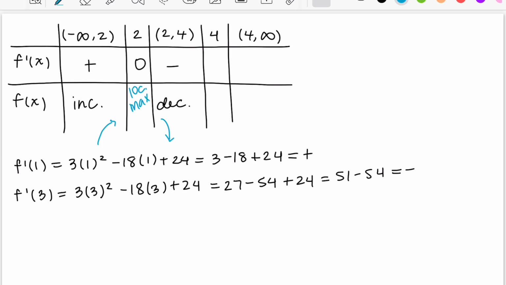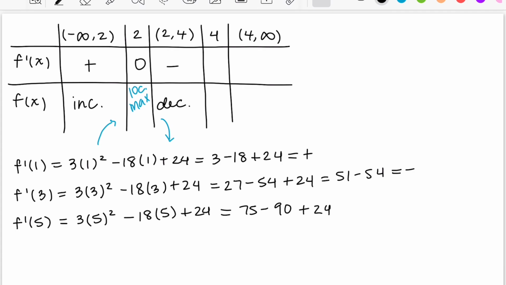All right, now let's look at a number in this interval. So we'll plug in 5 into our derivative. And so we get 75 minus 90 plus 24. And so this will actually be positive.